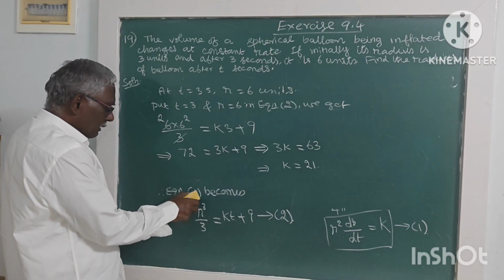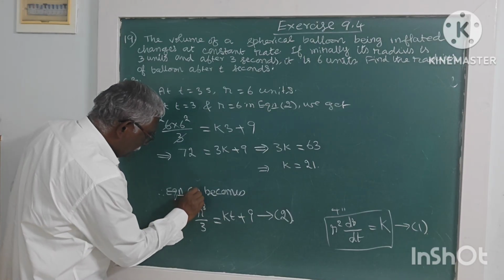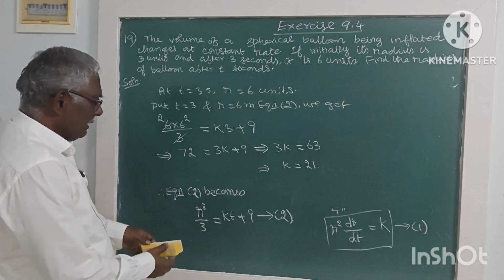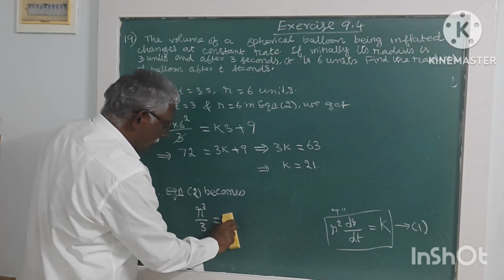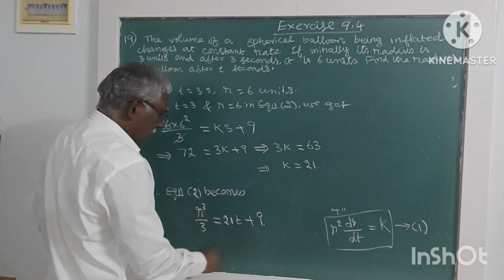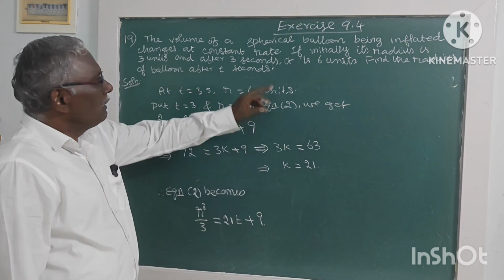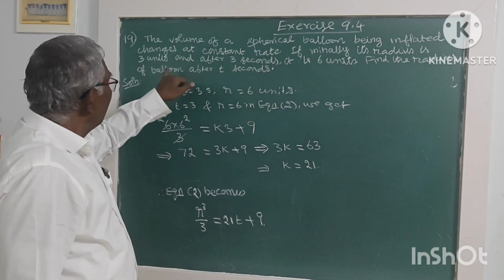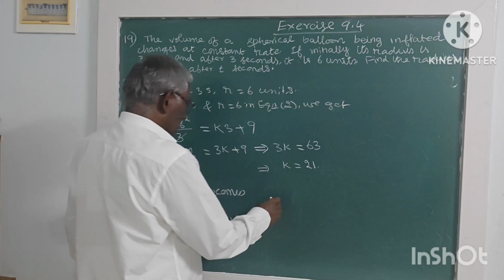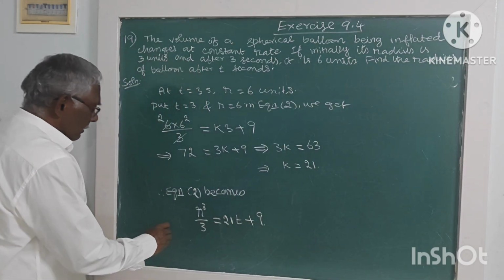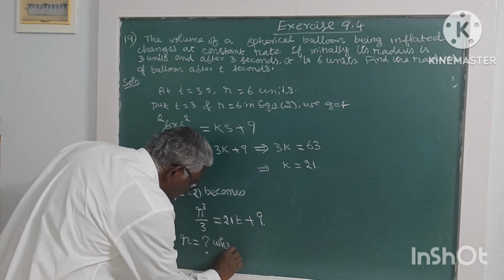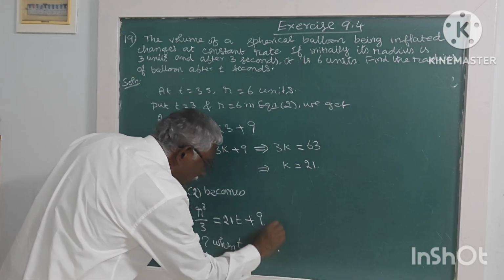Therefore, equation 2 becomes r cube by 3 is equal to 21t plus 9. Now actually what we want is to find the radius of the balloon after t seconds. That means r is equal to what when time is t seconds.